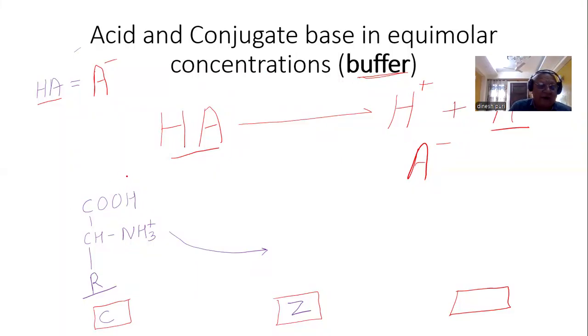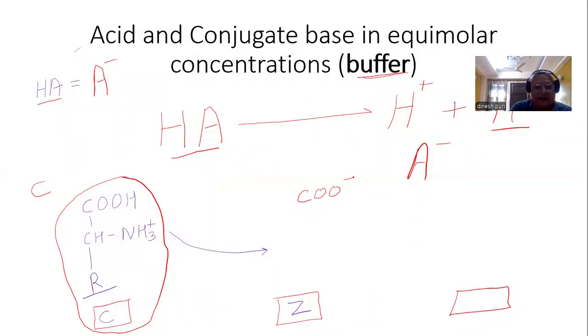Now look at this amino acid. At a low pH, as we had seen, it exists in the cationic state. When you start increasing the pH, dissociation of the carboxylate group will occur and gradually it will reach the zwitter ion state. So now it is NH3 plus.